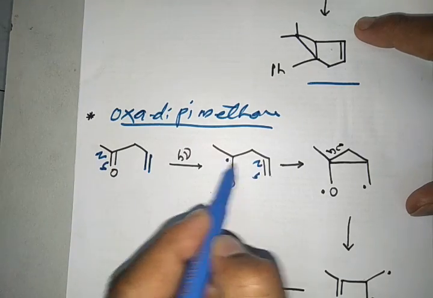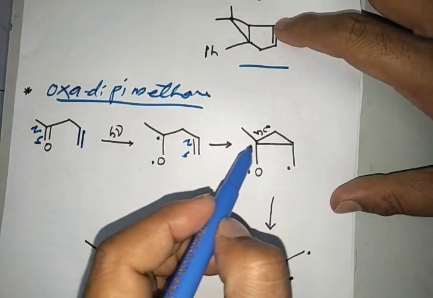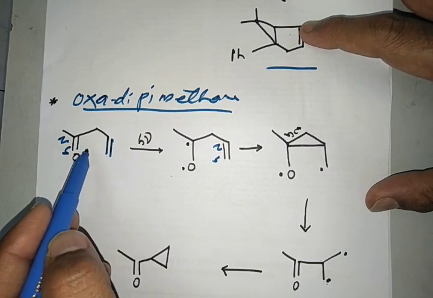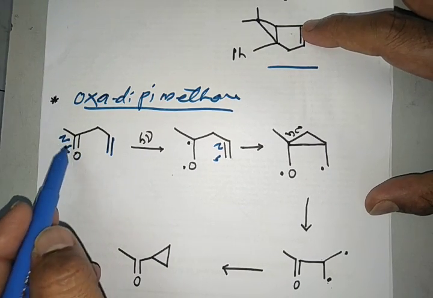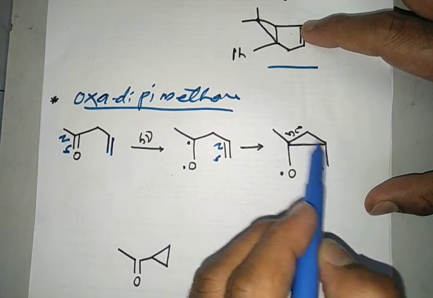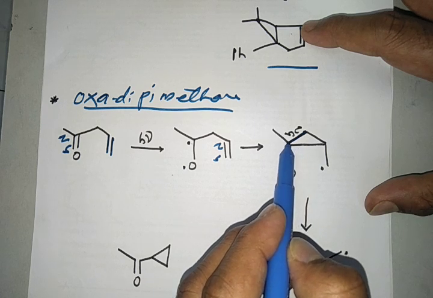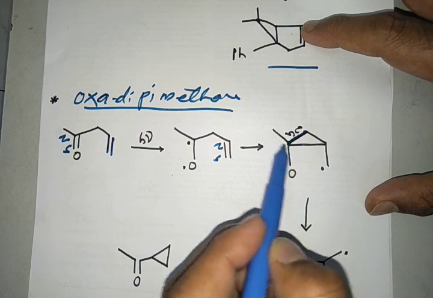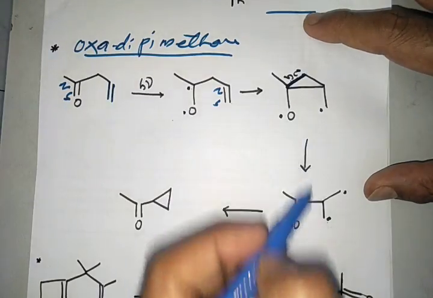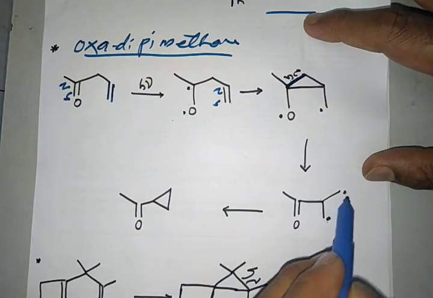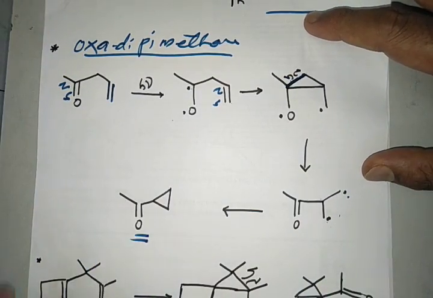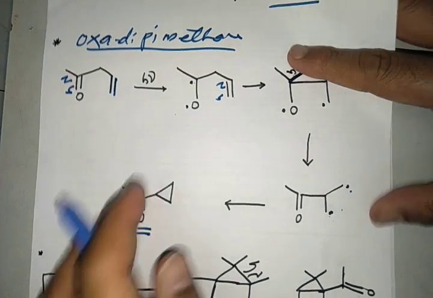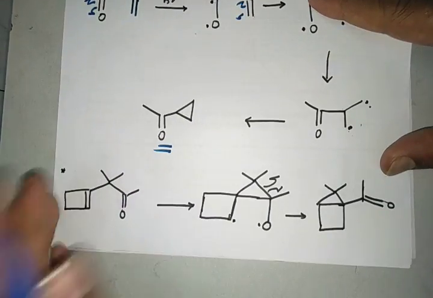Again there is a breakage, and there is a formation of a cyclopropane ring. And always remember, in such examples, the ketone will be restored. So in the cyclopropane, the bond which is going to regenerate the carbonyl will undergo breakage. So this will break, and there is a formation of carbonyl, and this radical will form the cyclopropane ring, and there is a product. Let us go for one more example here.